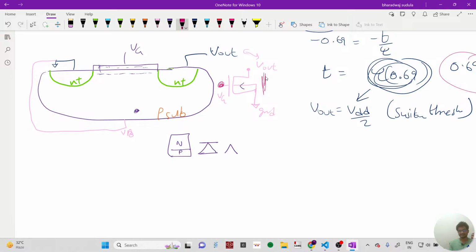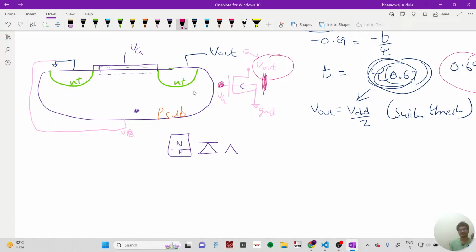Then this transistor turns on or off, either way, and it will charge the output or discharge the output depending on the transistor, what kind of transistor we are turning on or turning off. So we first need to charge the gate and discharge the gate, either way.